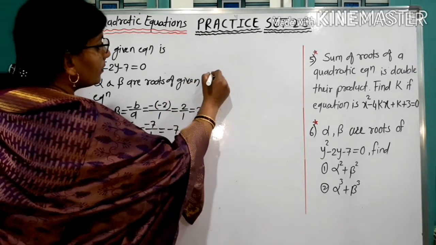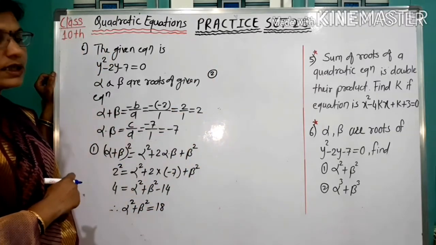Similarly, the second point, that is alpha cube plus beta cube.